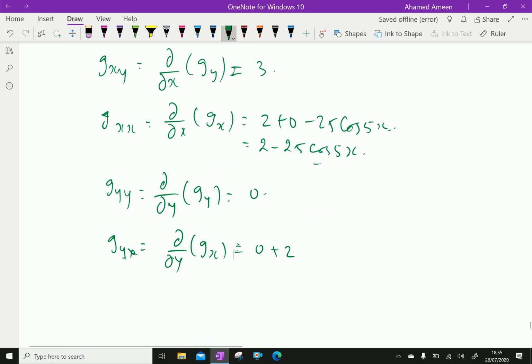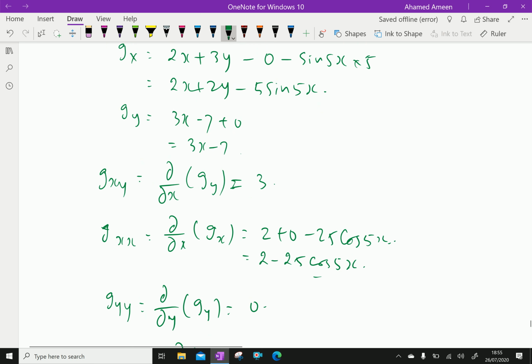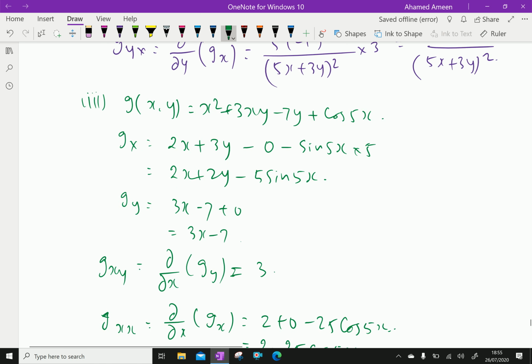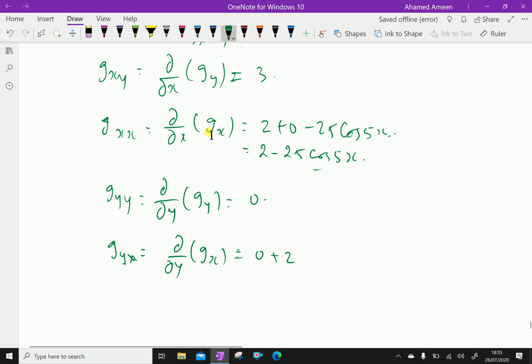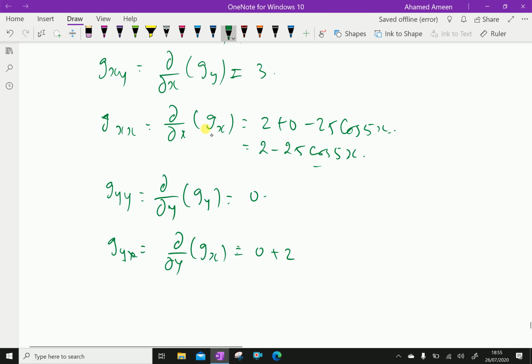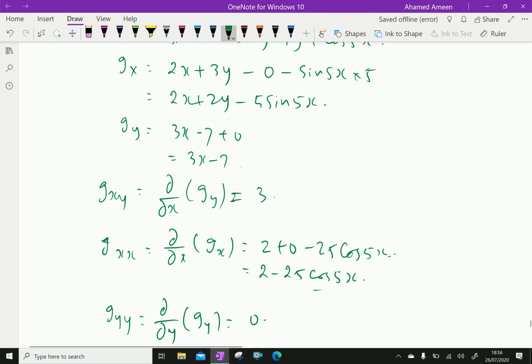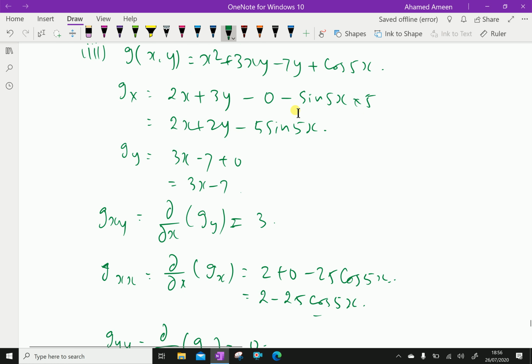With respect to y, first is 0, second is 3 into 1, minus 0, because the last term is fully in terms of x, so with respect to y it is 0.